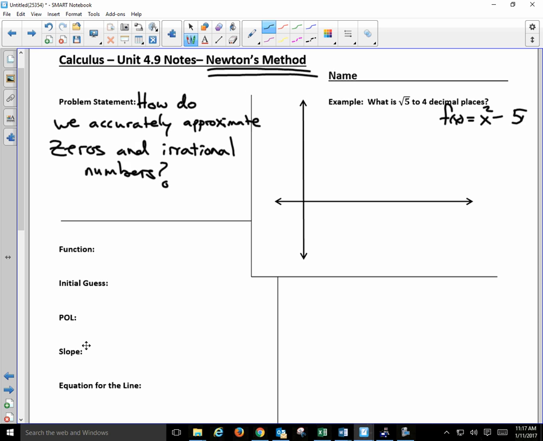And then he said that's where it crosses the x-axis. So we're going to model this with this example, and then we're going to write the raw formula that Newton used. So the function was f of x is equal to x squared minus 5.